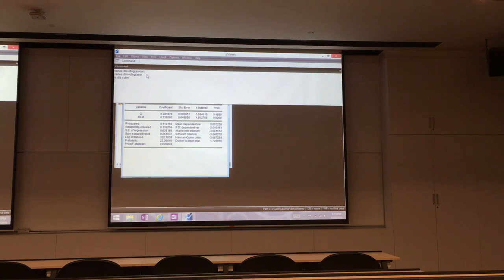What is the market model? The market model is DLS hat equal to 0.001978 plus 0.238005 times DLN. DLN is the RMT that we had in the previous explanation.